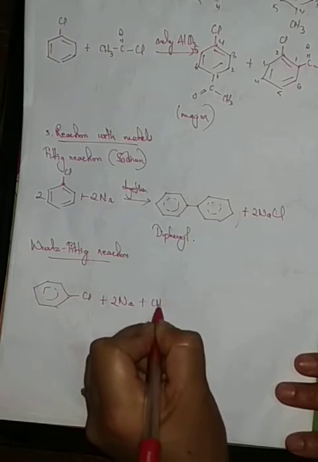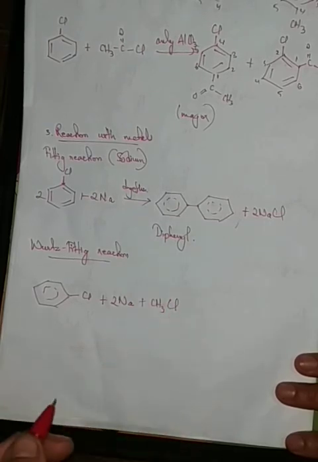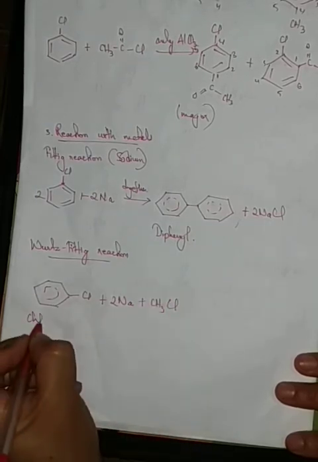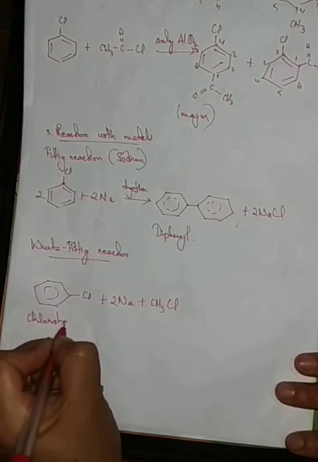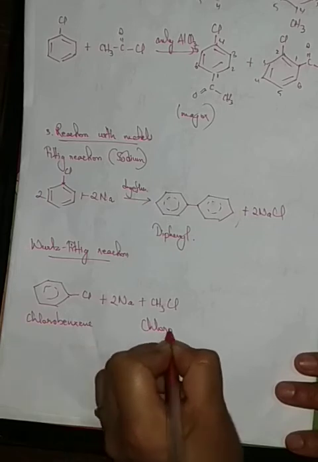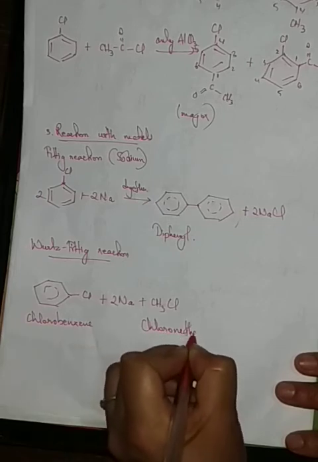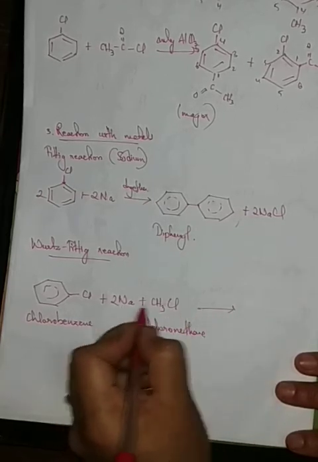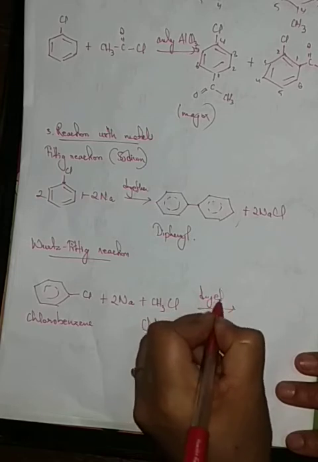Let me take CH3Cl, chloromethane. This is chlorobenzene. This is chloromethane. It is heated with sodium in the presence of dry ether.